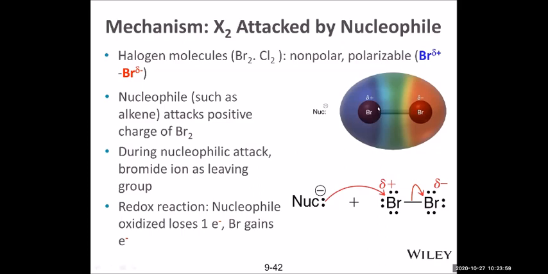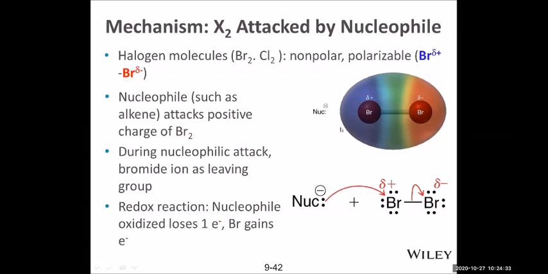So when two halogen atoms are together, if one halogen pulls the electron slightly harder, for a very brief moment being polarized, then one halogen will be slightly positive and the other negative. The positive end is the electrophile, attracting electrons, and a nucleophile can attack the electrophile.